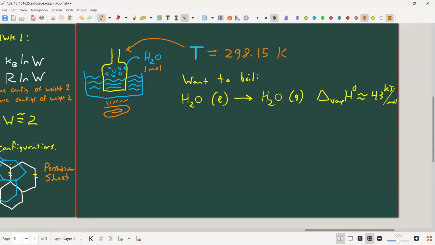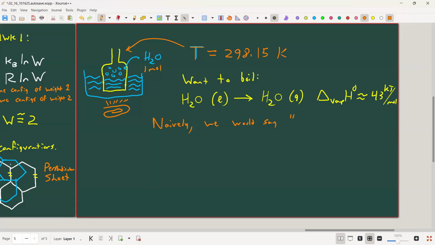Naively, that's going to tell you that this is wrong. It's a little bit of a spoiler. It's 40.7, sorry, at 373. Oh, at 370. Yes, this is at 298. But regardless, hold on to that number for a second. We'll come back to that.